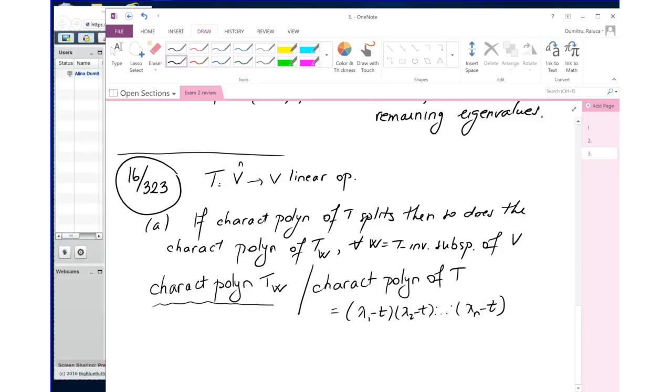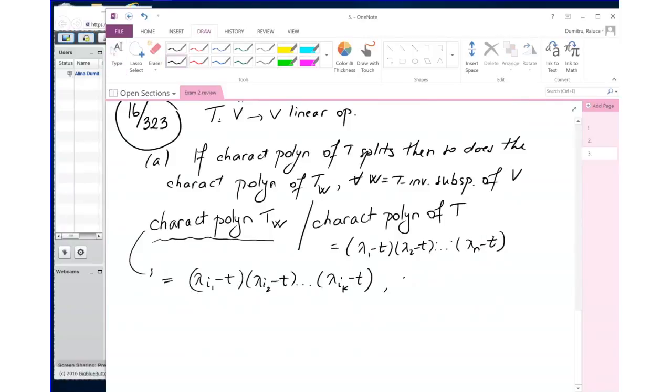So it splits. Just pick k of them, let's say: (λi1 − t)(λi2 − t)...(λik − t). Which means that it splits.